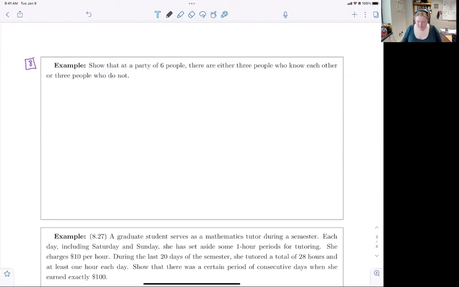How do we think about this? Well, suppose we have our 1 person, he's sitting there. Then there are 5 other people. And what we really want to see here is, maybe I'll draw them out with little dots. We divide them into 2 categories. Either they know our person or they don't.